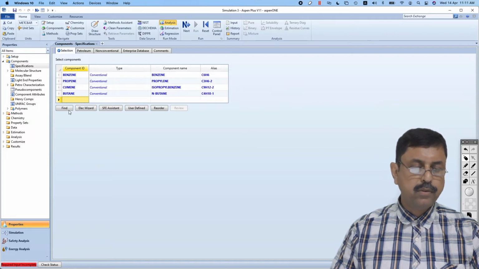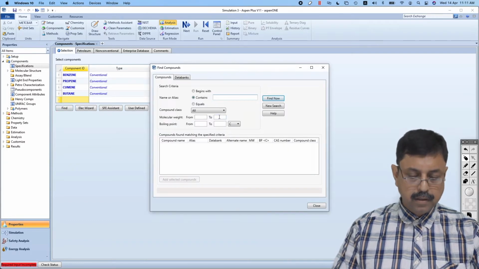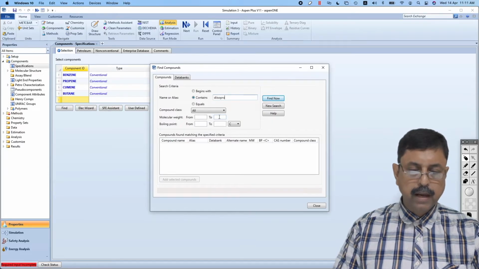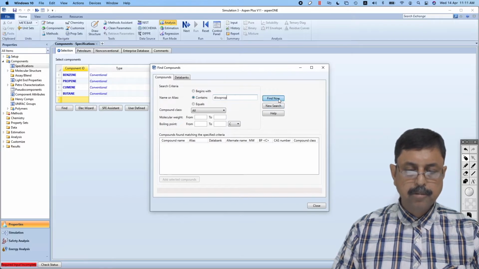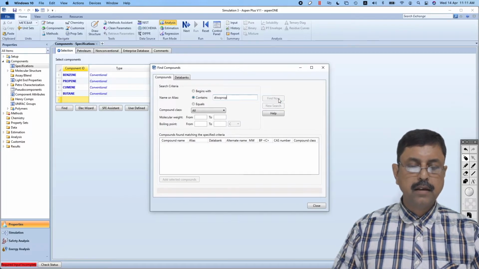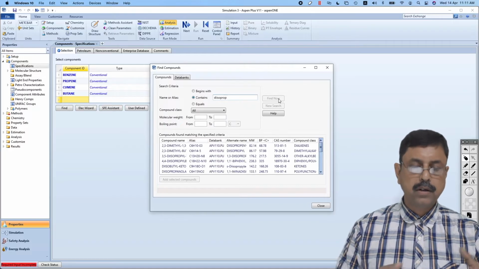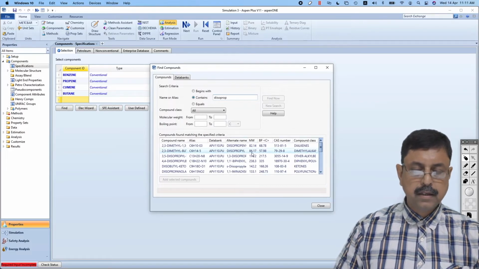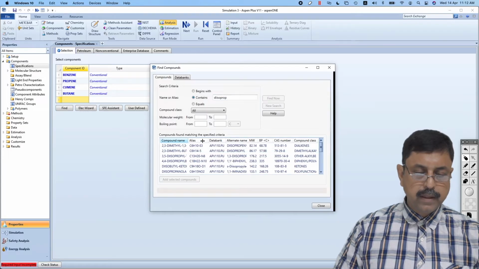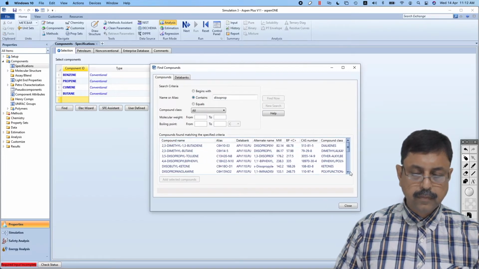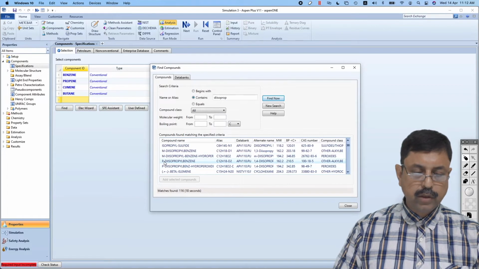and the undesired product, which is p-diisopropyl benzene. So that we have to find diisopropyl benzene. I'm not writing the whole thing. Whichever the component contains this name, this part, we will choose from there. Yes, this is the one which we are looking for, p-diisopropyl benzene. So we add this.